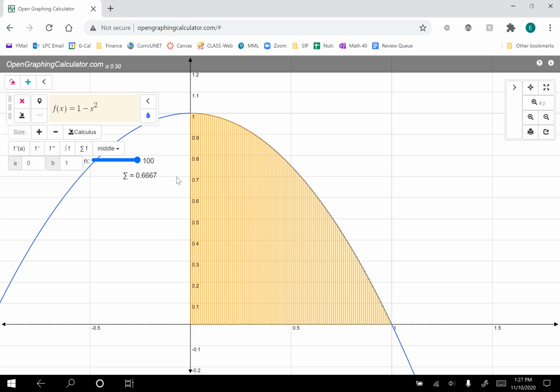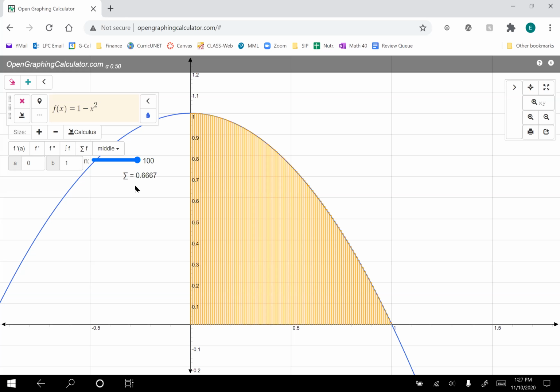Now, because this is rounding to four decimal places there, this is just 0.6 repeating, 0.666666666, on and on and on. And if you think about what that actually is in terms of fractions, the actual area underneath this parabola, 1 minus x squared, from x equals 0 to 1, is 2/3 of a square unit.